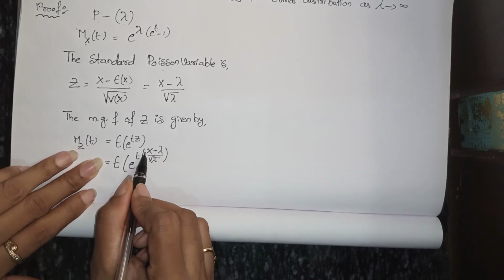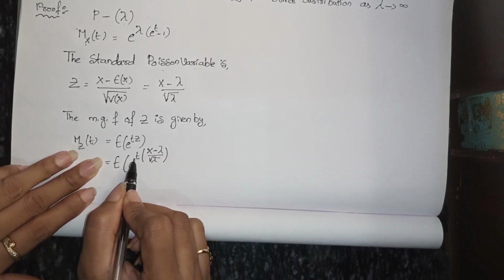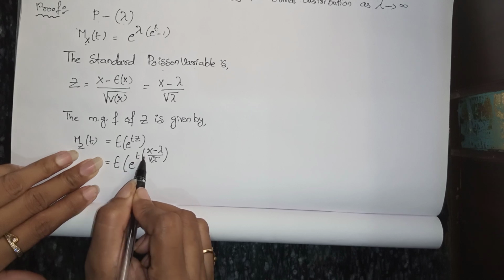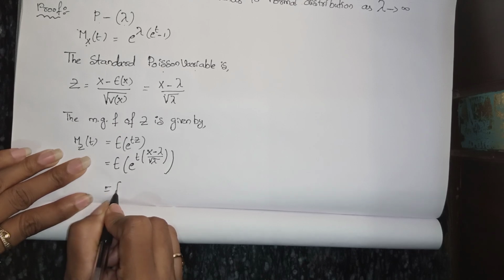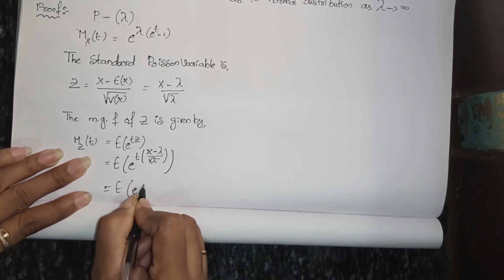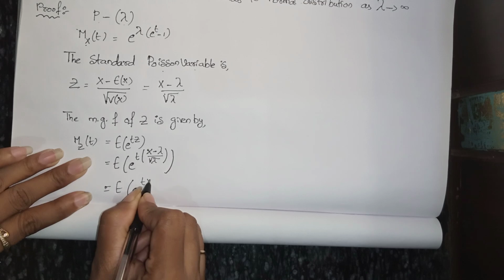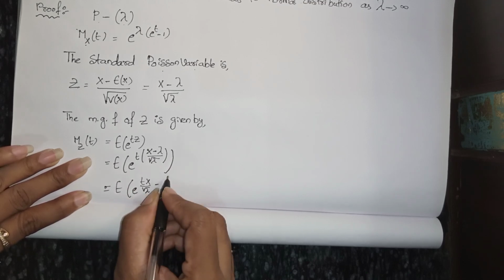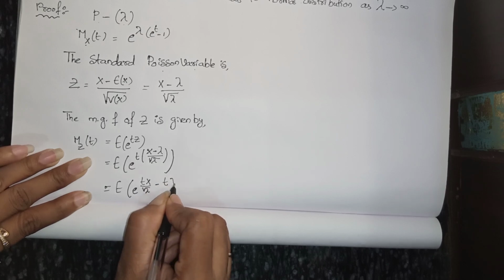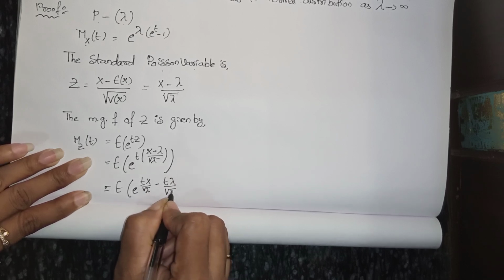Now we have to separate this term by multiplying with t. So expectation of e power (tx by root lambda minus t lambda by root lambda).